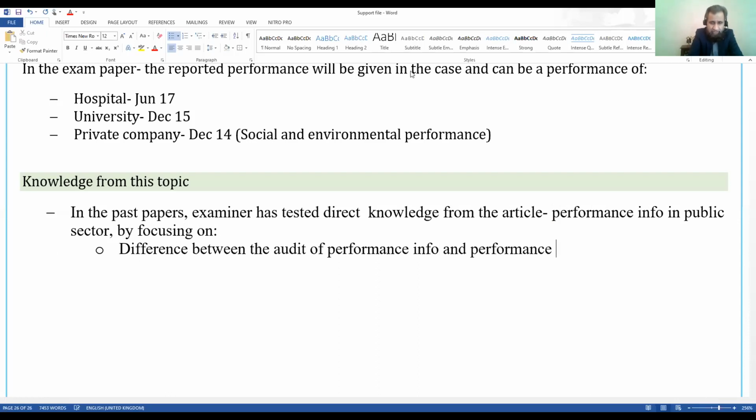So this was examined in the June 17 paper, right? This question came in the June 17 paper for 3 marks. It was directly from the examiner article.